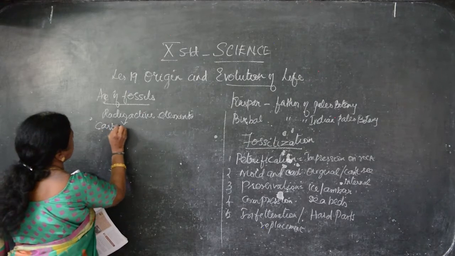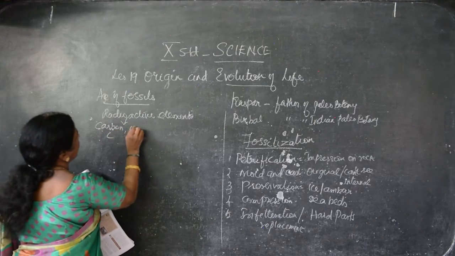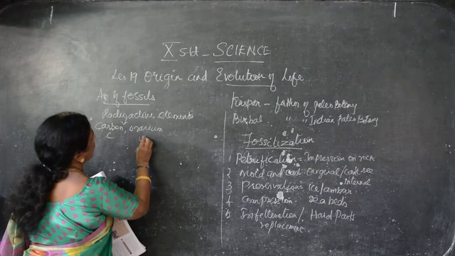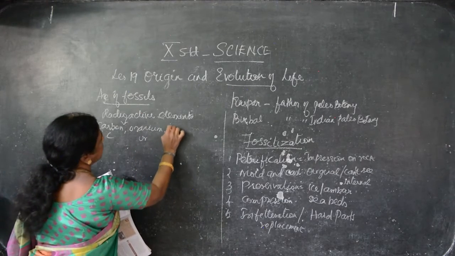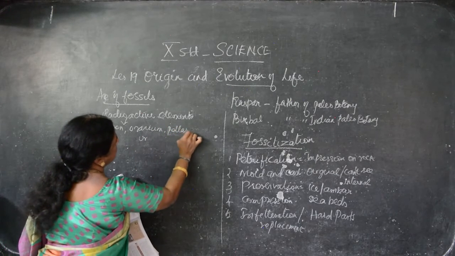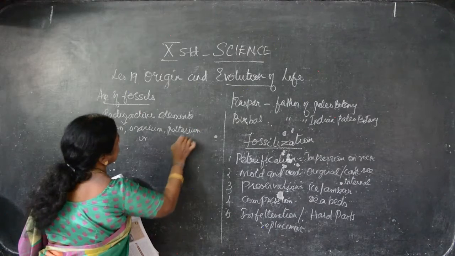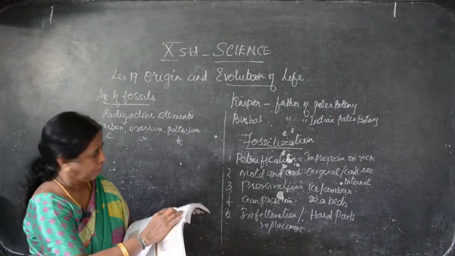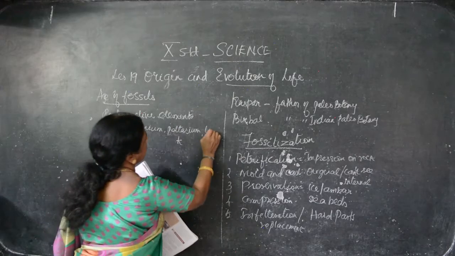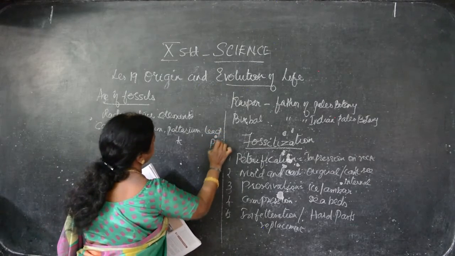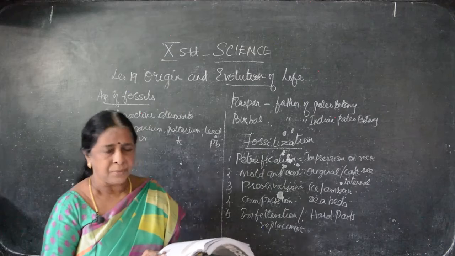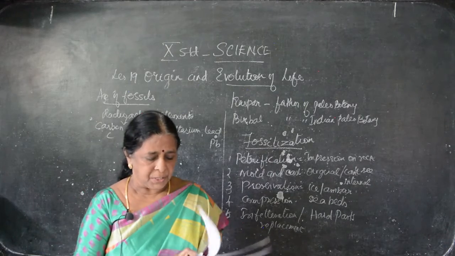Carbon, that is C; uranium, U; potassium, that is kalium, K; and lead, that is Pb. By the deposits of these materials, we can find out the age of the fossils.